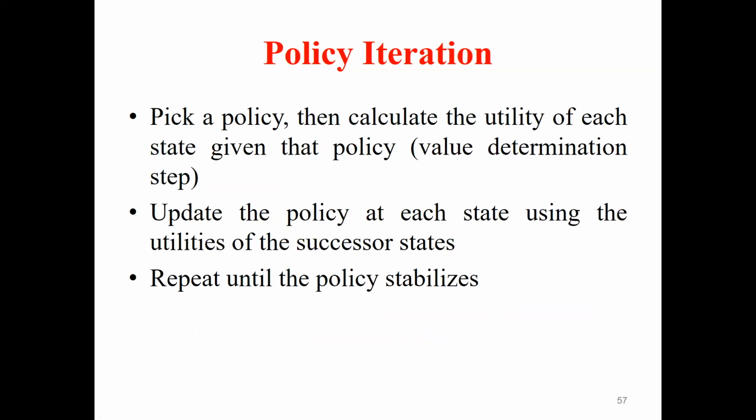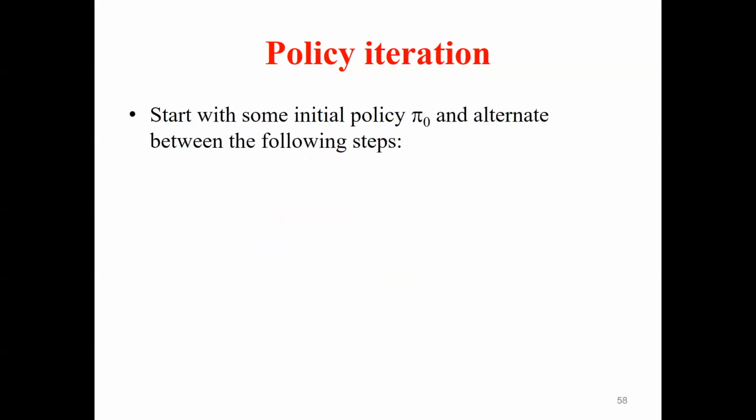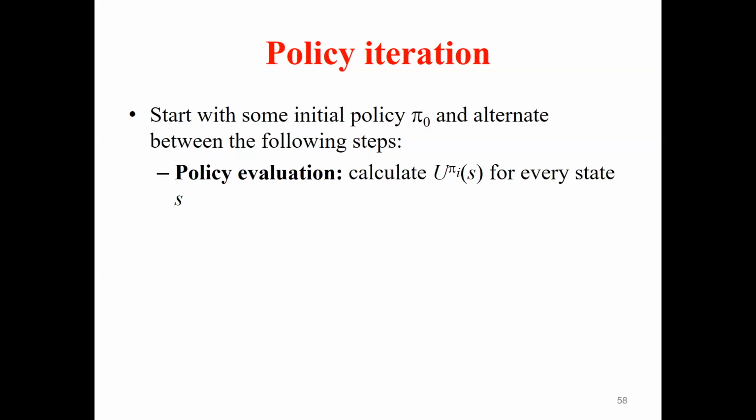So what happens is we have a policy. Based upon that policy, we compute the utility, and if required, we'll try to update the policy by checking the other directions, whether they are performing well at this particular iteration or not. We'll start from the initial policy, which we'll call pi naught, and then perform the following steps. First is policy evaluation.